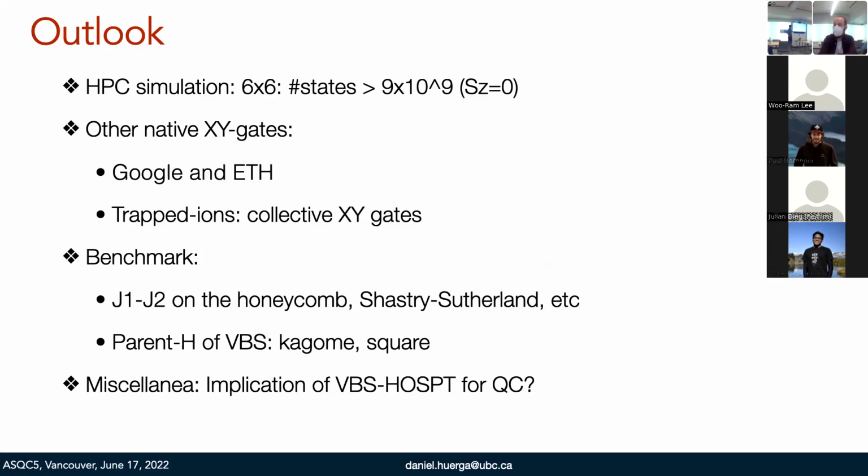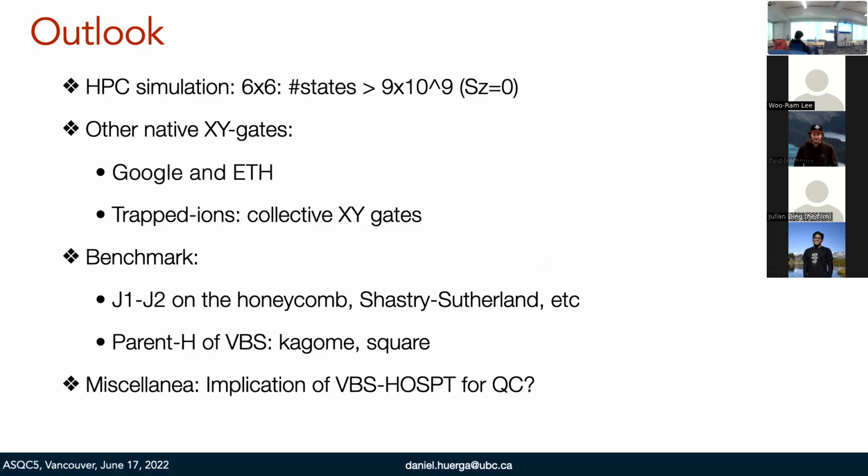It would be nice also to explore different native XY gates, and in particular the trapped ion collective XY gates that may preserve this C4 symmetry inherently because they are long-range gates.